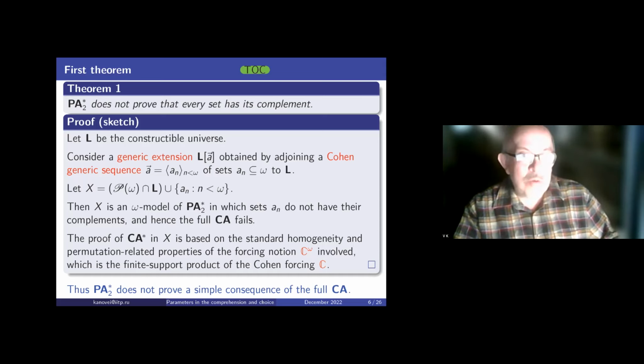Let me just go to the next page. Maybe. Right. Okay. Well, I'm sorry.